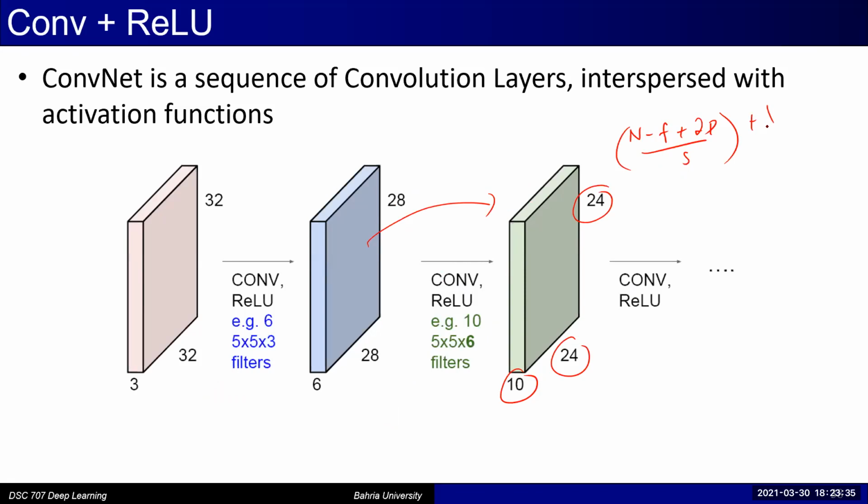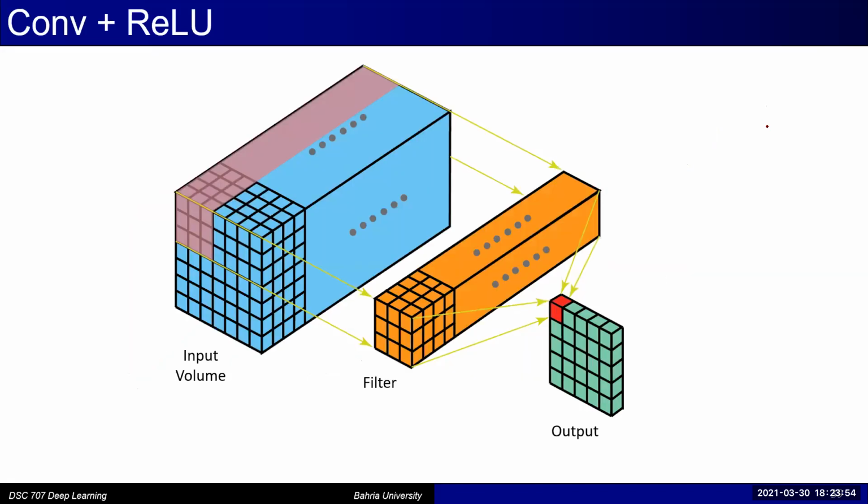N is the input, f is the filter size, p is padding, s is stride, and then you add 1, right? Since we are not doing any padding, 28 minus 5 is 23, and stride is 1, then you add 1, so you get 24. So this is how we are getting 24.